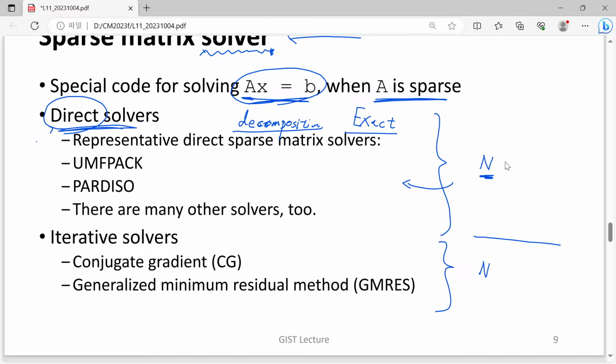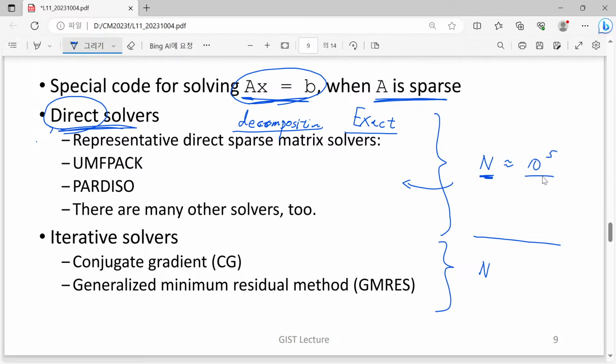If this value is, for example, on the order of 10 to the 5, several hundred thousand, or even a small million, then it works.